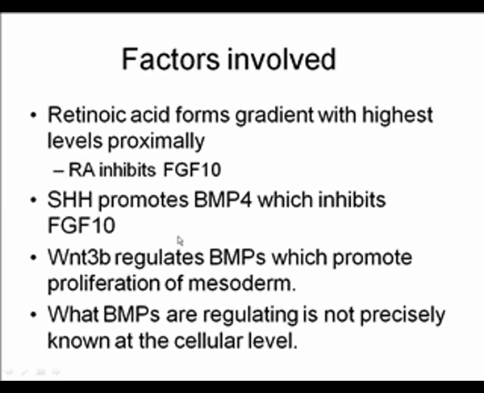In addition, the bone morphogenetic proteins are going to promote the proliferation of the mesoderm, and that may have a role in forming the widened tip of that lung bud. But it's not really clear what the BMPs are regulating and how they are working at a cellular level.